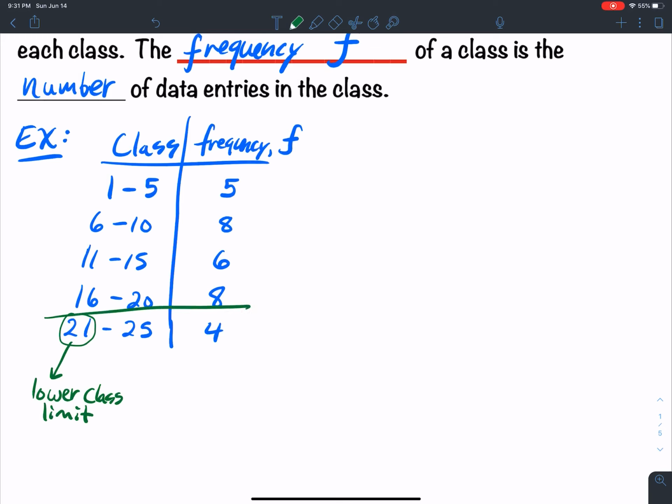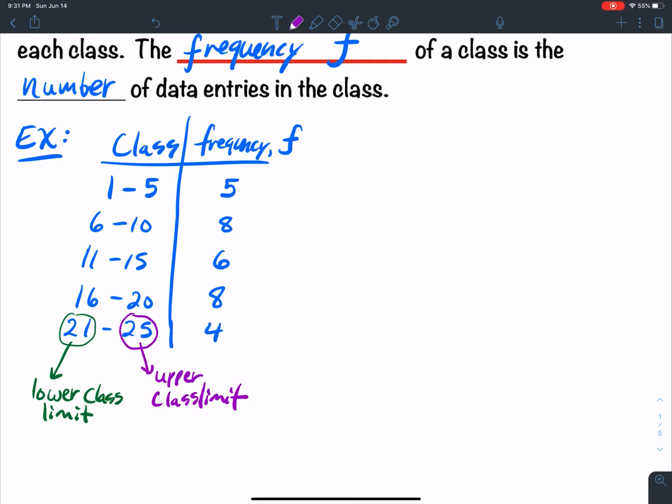Okay, so 21 can't get any smaller than that. And the number over here, the 25, 20, 15, 10, 5, this is the upper class limit. Okay? It's the greatest number that can be in that class. If we're bigger than that, then we're outside the class.